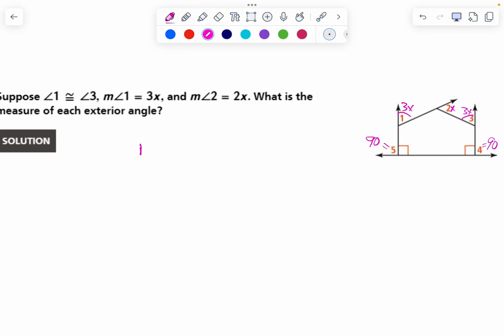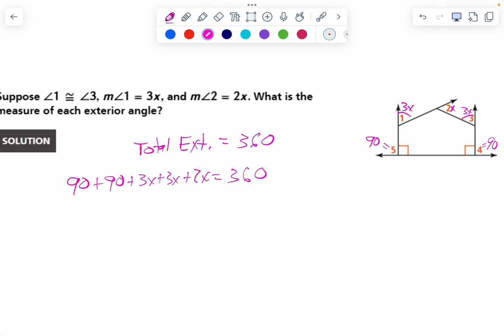So we're going to write our formula, write it down first. Total exterior equals 360. And then we just make a sum over here. 3x, 3x, 2x. And then we just solve that. 180 plus 8x.